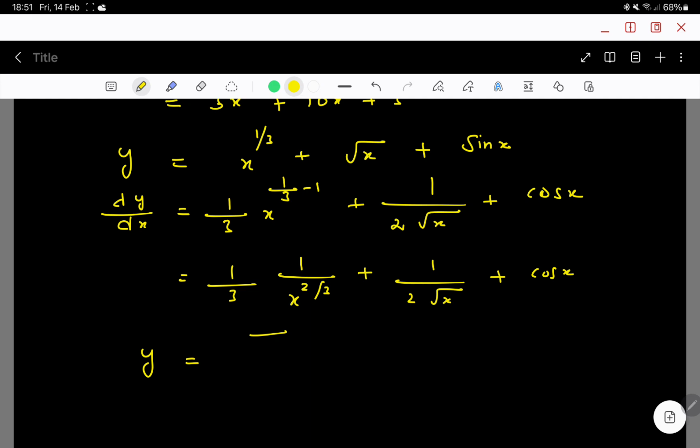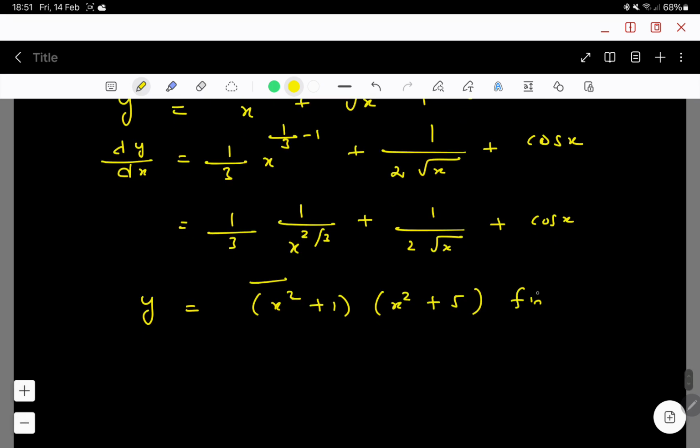So next problem, y equal to x square plus 1 into x square plus 5. Find dy by dx. Okay, both are in product, so we apply product rule to differentiate.